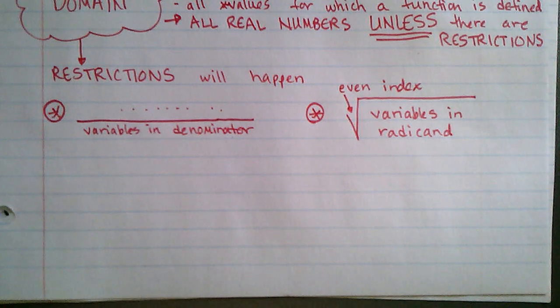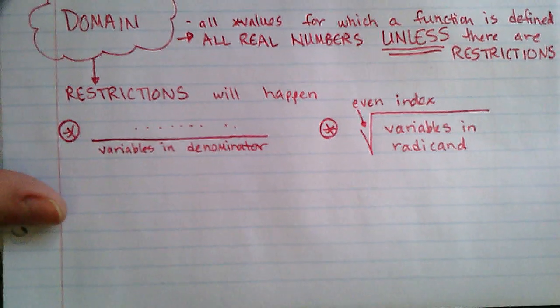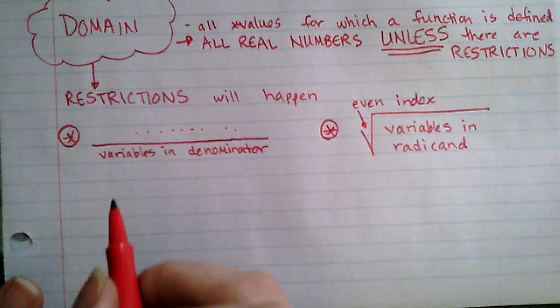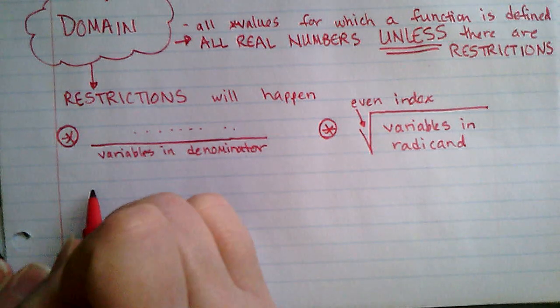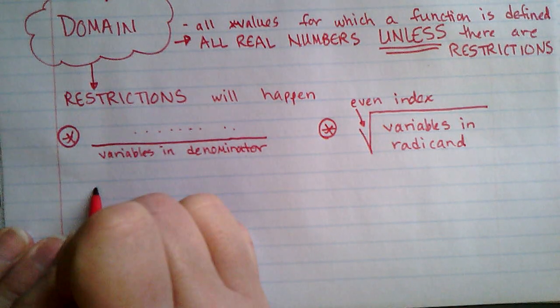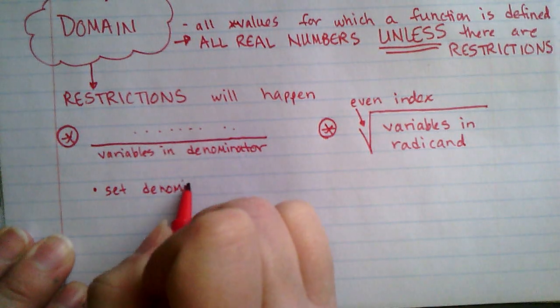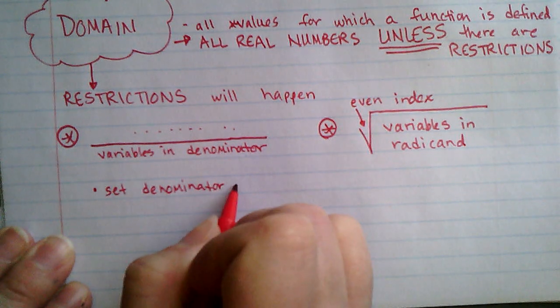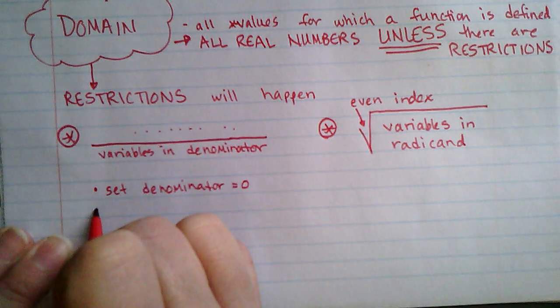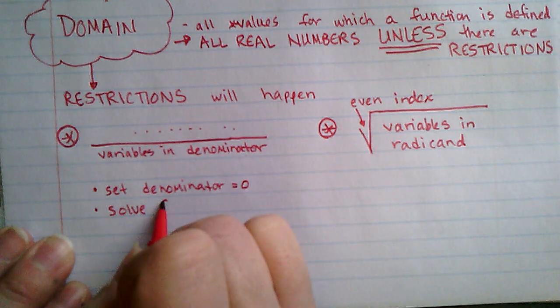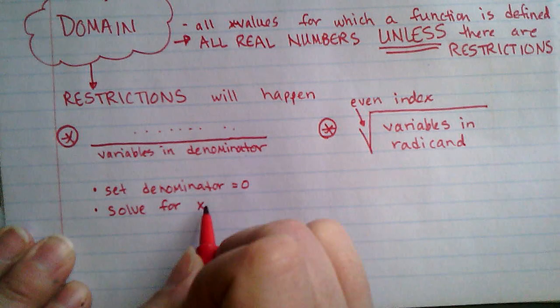So we got to figure out how to identify the domain restrictions. If you have variables in the denominator, what you're going to do is set the denominator equal to 0, and then you're going to solve for what your variables equal.